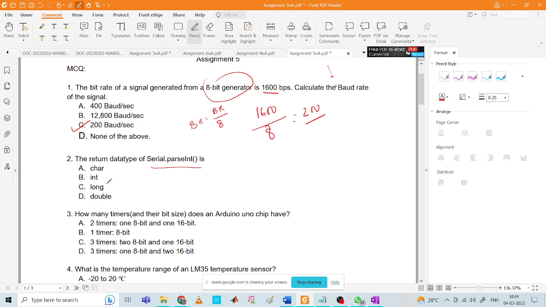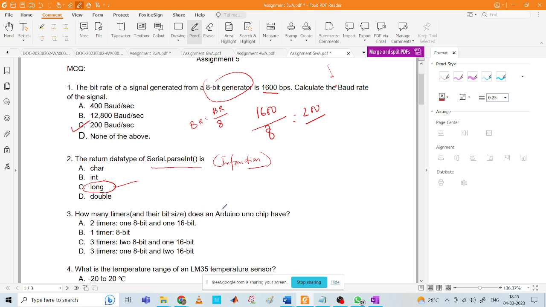So the answer is long. So just note this, because this is more of an information question. You need to be informed about this. You cannot apply your analysis on this. This is something that you should know. So just keep this in mind.